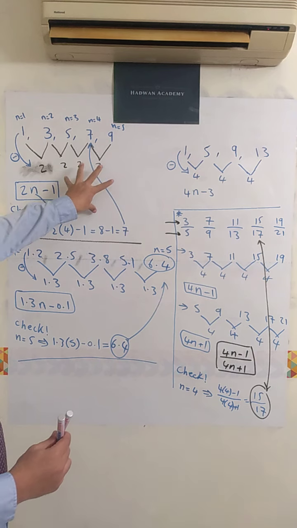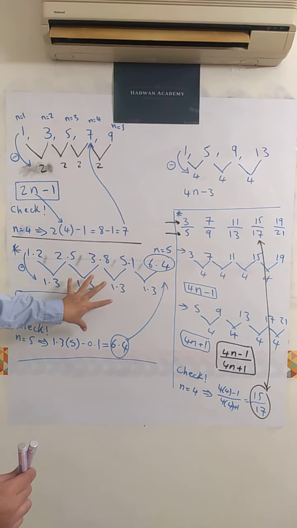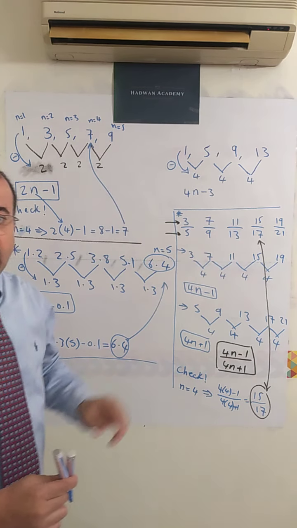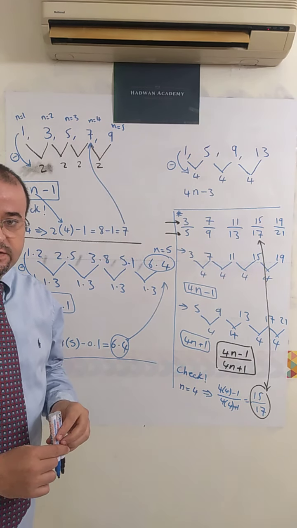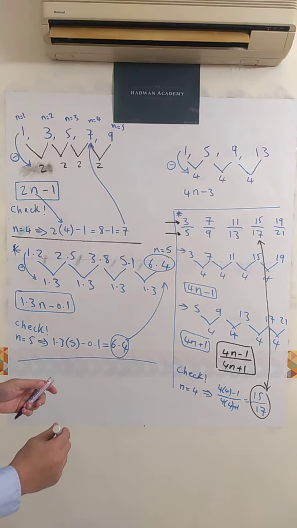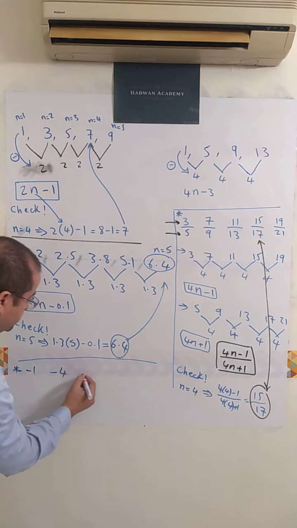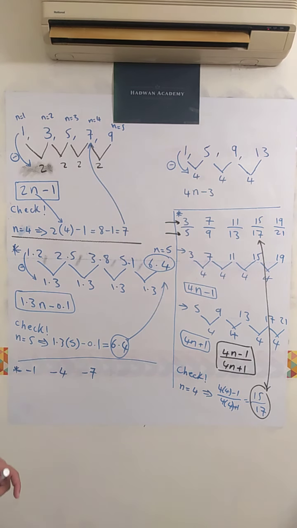So we have the first case, the second case, and the third case of the sequence. The last case for today is this: minus 1, minus 4, minus 7, and minus 10.